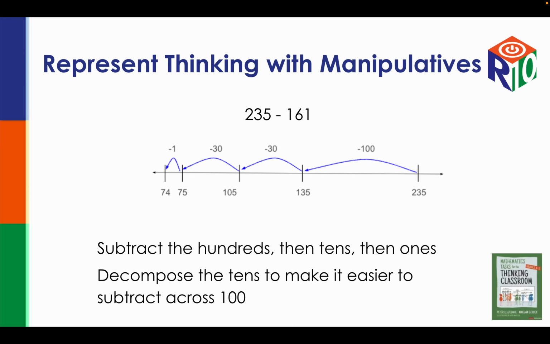So if they subtracted the hundreds and then they decomposed their tens into 30 and 30, so that way they got to that 105 and then subtracted 30 more, they see that this student didn't need to get to 100 to be able to subtract further. They have no problem counting back from 105 to 75.